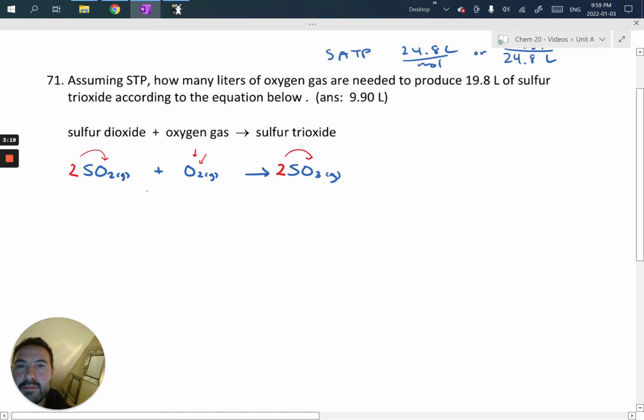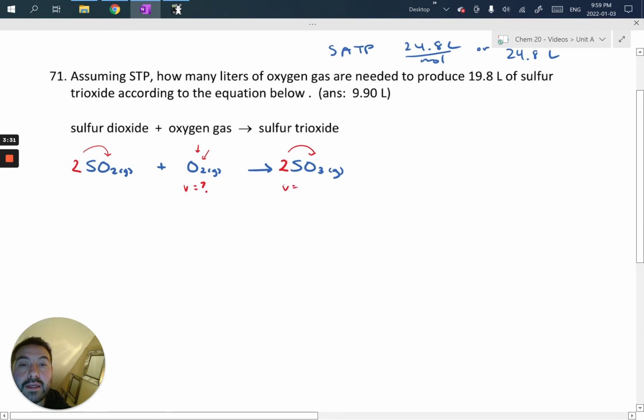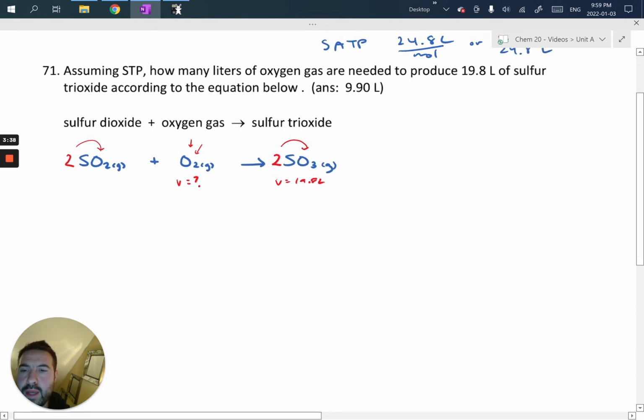Okay, so we're going to be dealing with STP here. I want to know how many liters of oxygen gas are needed to produce 19.8 liters of sulfur trioxide. The only other information I have is that this chemical reaction is happening at STP. So I'm going to use the molar volume as my conversion factor to help me get to moles. I'm going to start with my given, which is my volume of SO3.